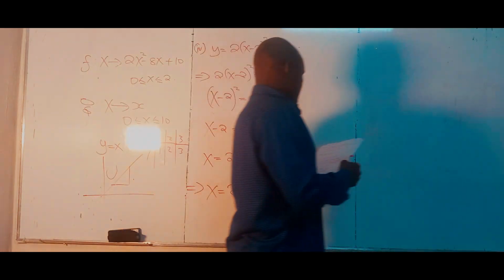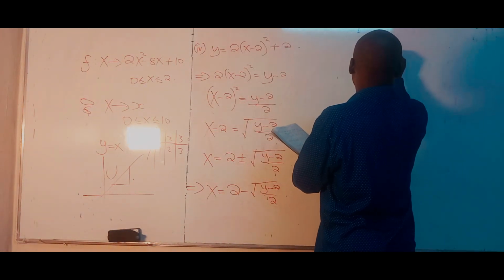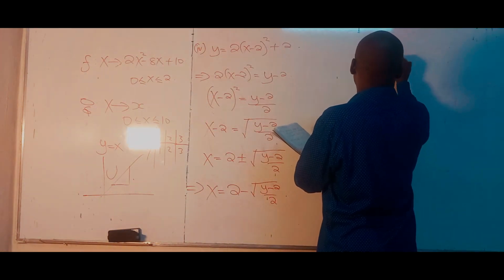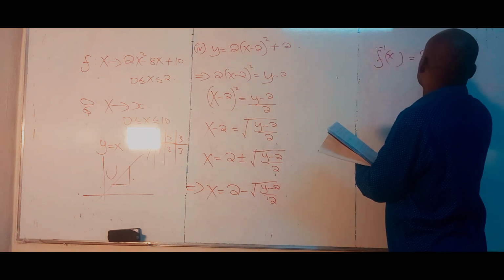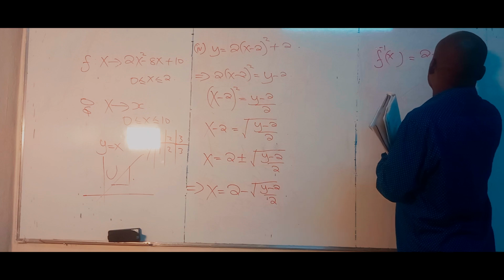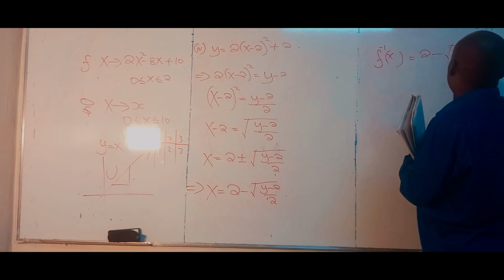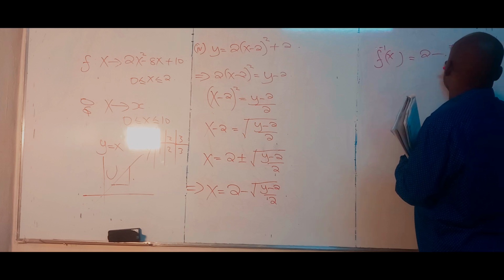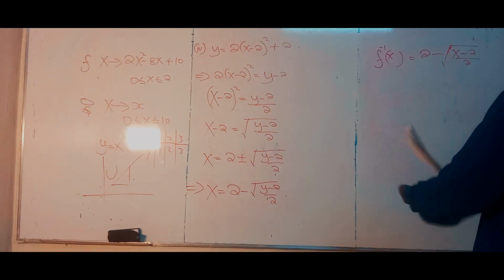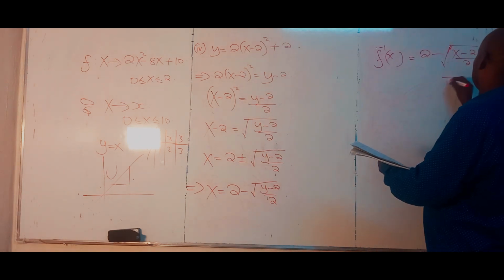So that means that f inverse of x will be 2 minus the root of (x minus 2) over 2. So that is the answer to that particular part.